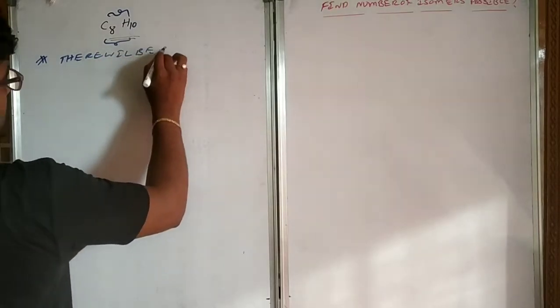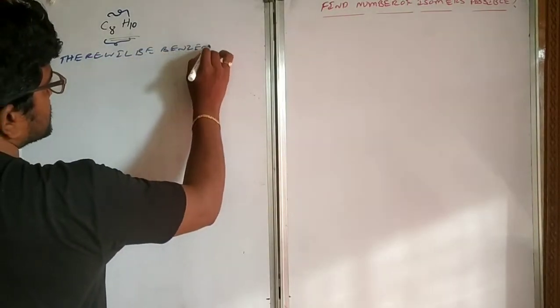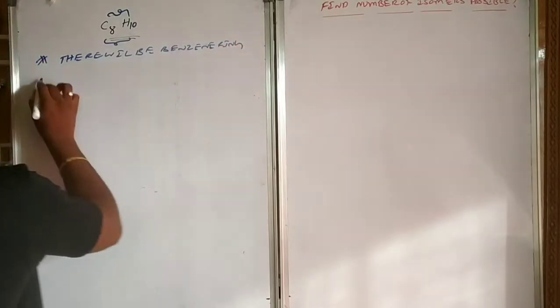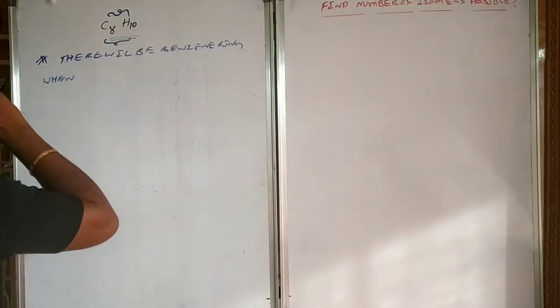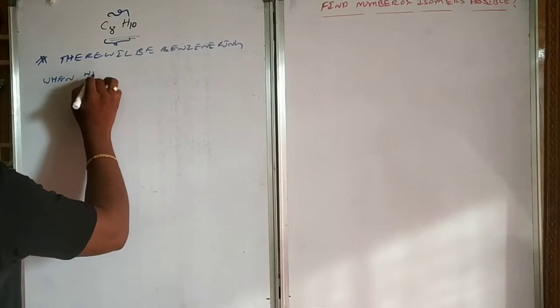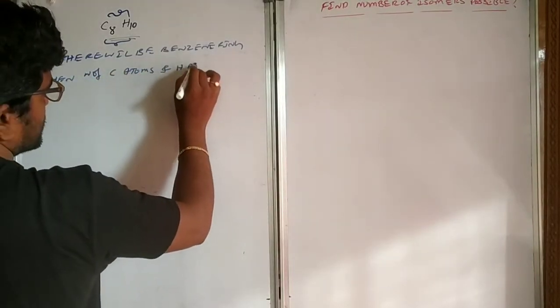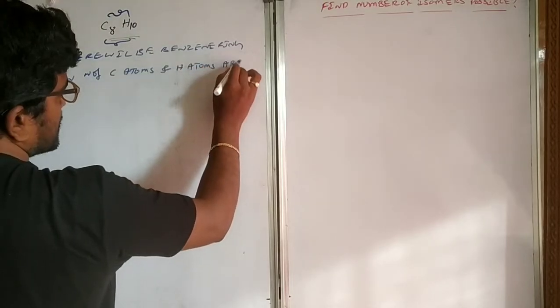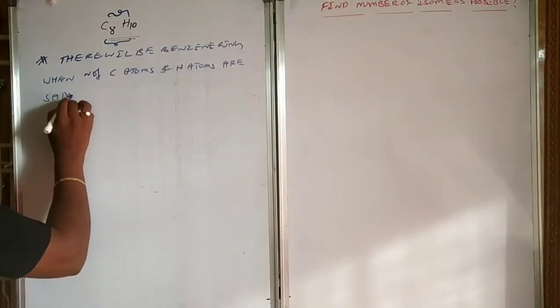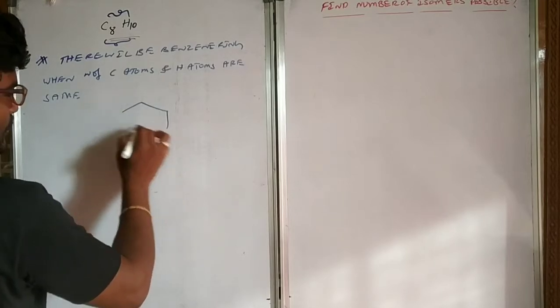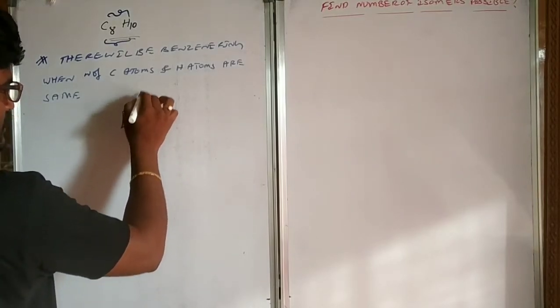There will be a benzene ring when the number of carbon atoms and hydrogen atoms are the same. That's why you can have a benzene ring on this.